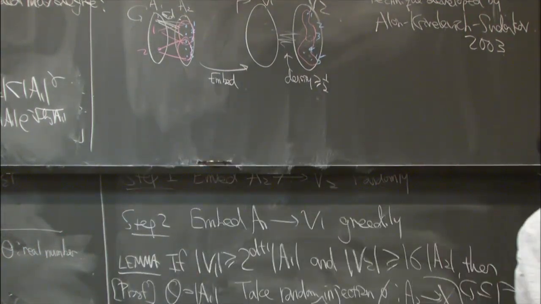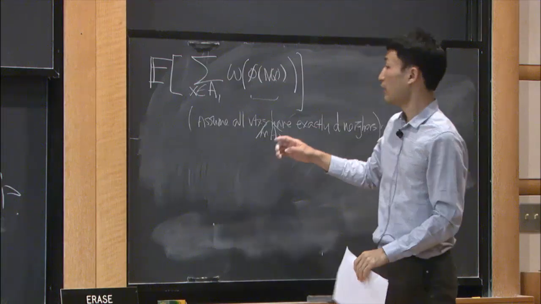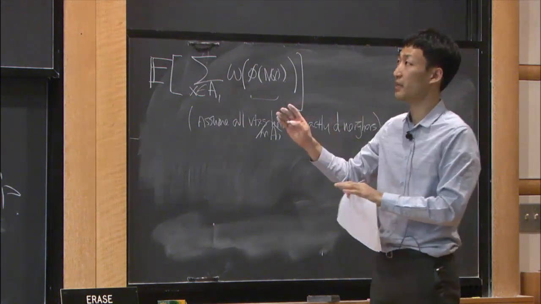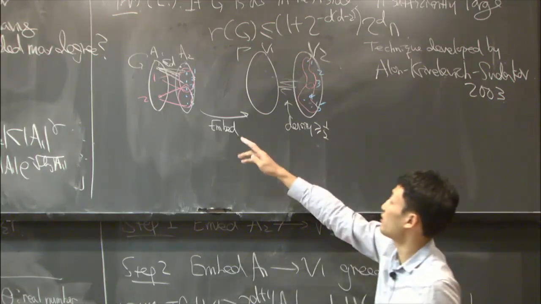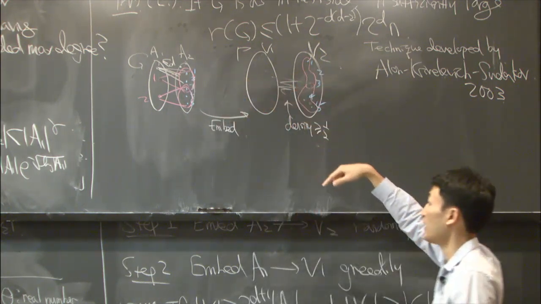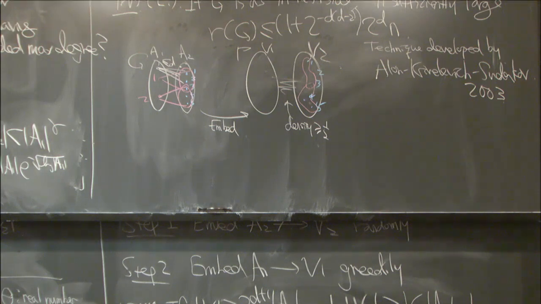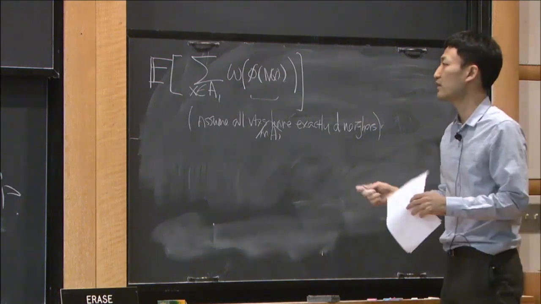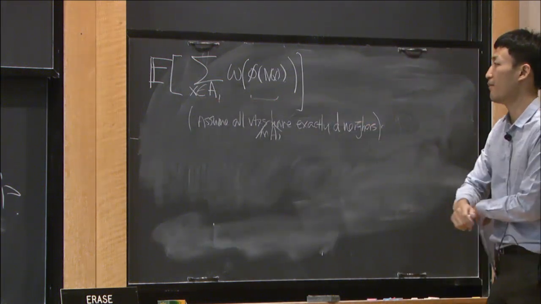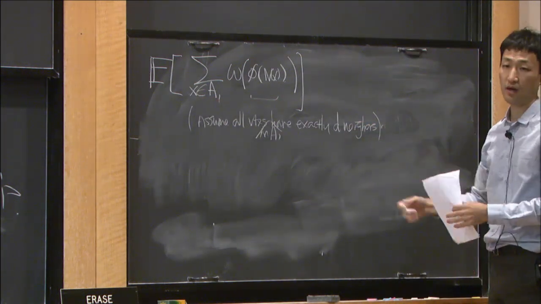At a larger scale, of course, because those are the D tuples that I'm interested in. That is already embedded. Because A2 is embedded to V2, these ones already have some fixed image according to phi. That phi is good enough only when the images have some good property. And I'm trying to say that it has a good property if I can control this total sum of the defect over all possible vertices.